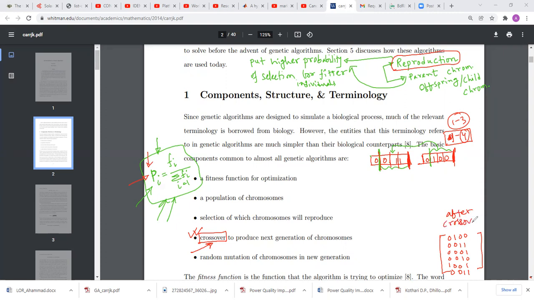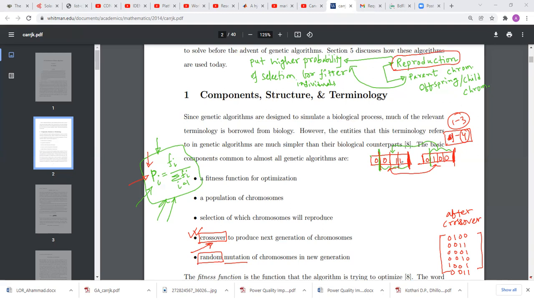The last stage, which is pretty short compared to all the previous steps, is mutation. That is done to introduce some genes or some traits or some features within the children which were absent in both of the parents.